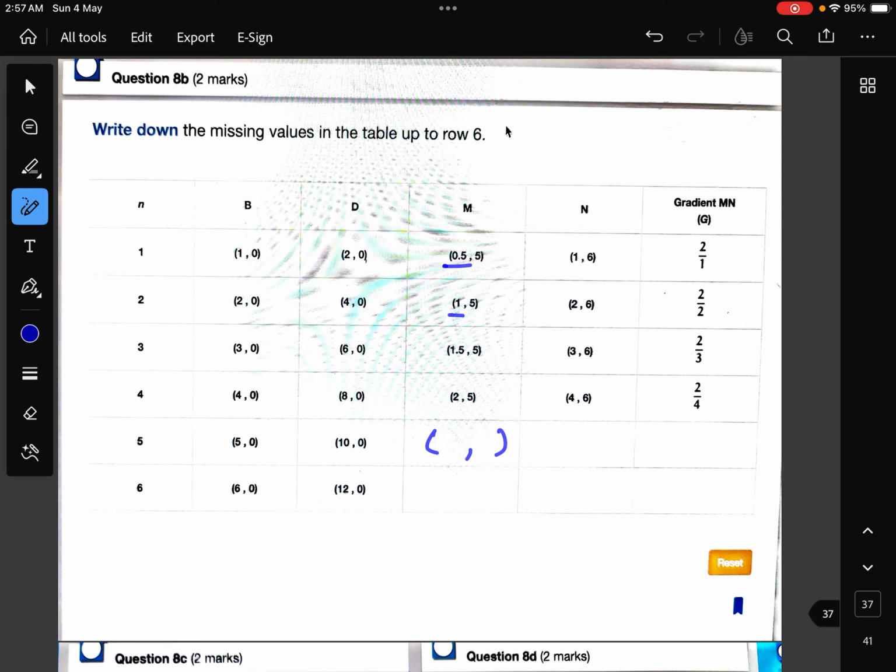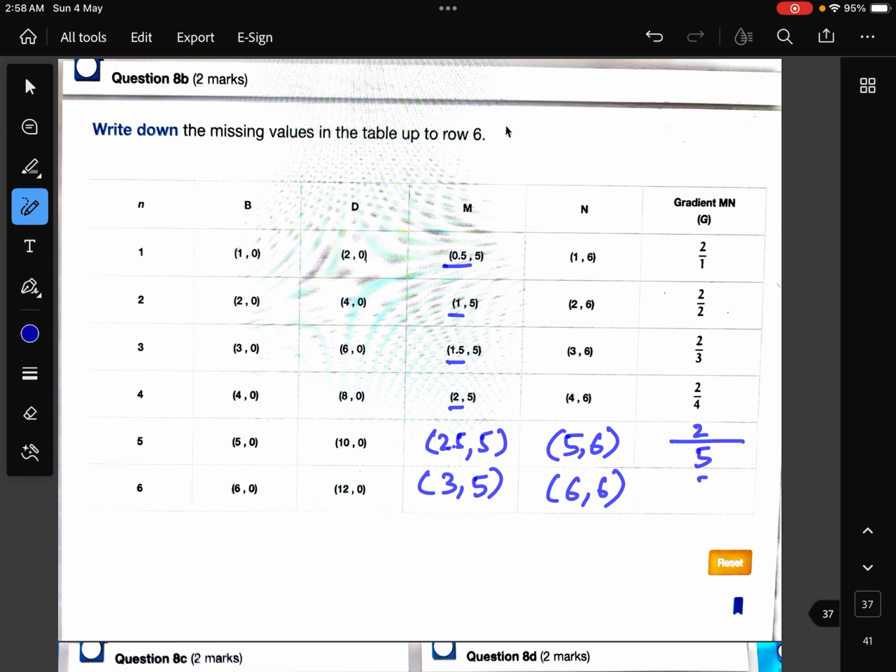If you look at the x coordinate, it's always going up by 0.5, so the next one is just going to be 2.5. The y coordinate remains as 5. This would be 3 and 5. And for n, you realize that the x coordinate is always going up by 1, so this becomes 5, and the y coordinate remains as 6. This will be 6 and 6. Now for the gradient, the numerator is always 2, and the denominator is adding 1 each time.